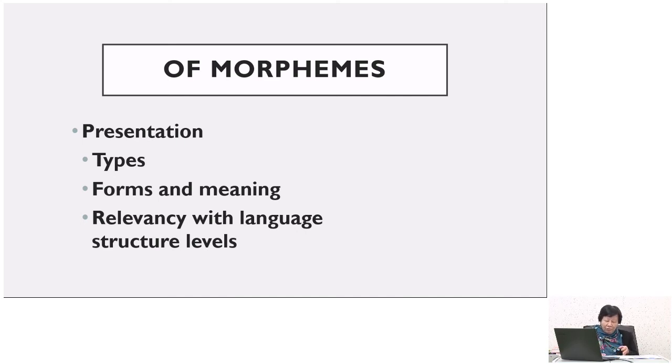And then you have to know the relevancy with language. It means that when you present the types, forms and meanings of the morphemes, you have to think about the relations with the other levels in the language structure. Remember that when we discussed language structure, you have to study at least 3 things.